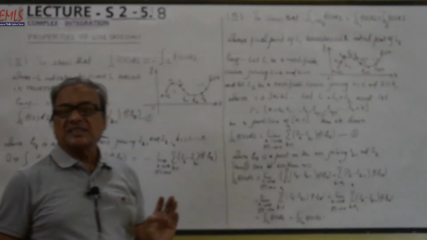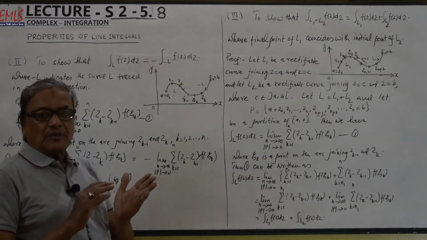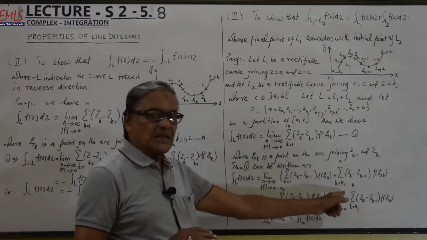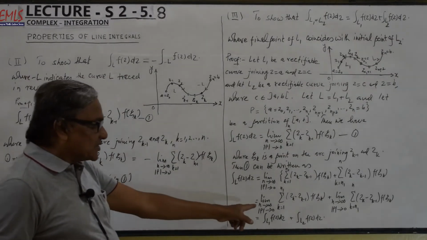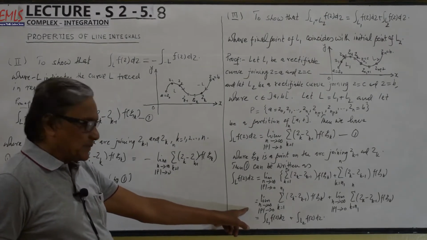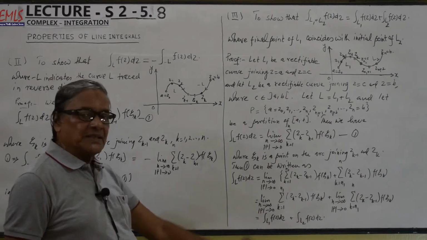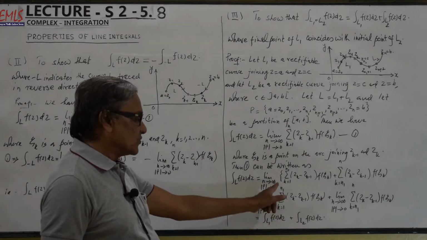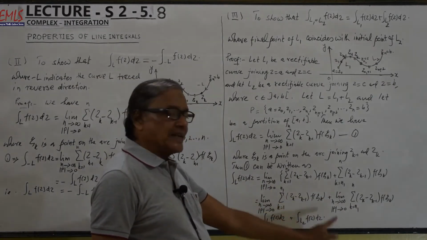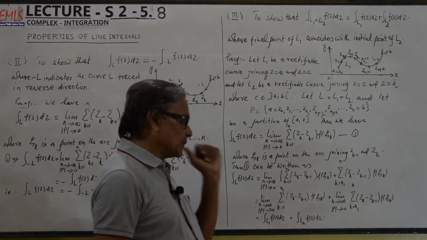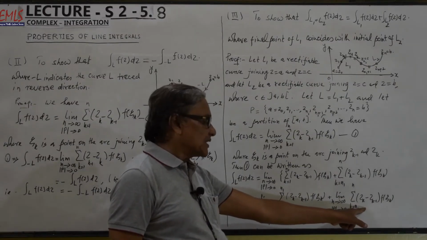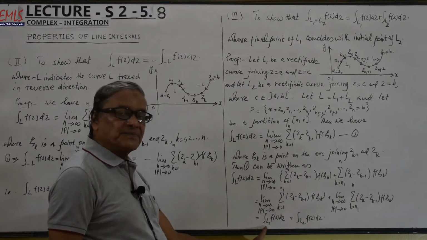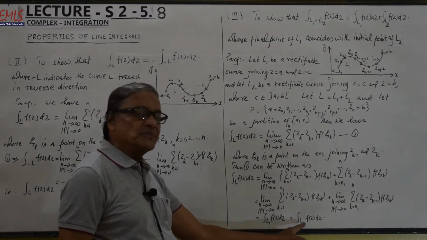We have split the summation in two parts, where k varies from 1 to n1 in the first summation, and from n1 to n in the second. Separating these two summations by property of limit, this will be limit of the first sum plus limit of the second sum. This is integral over L1 f(z) dz and this is integral over L2 f(z) dz.